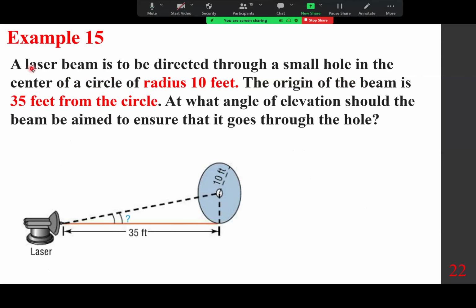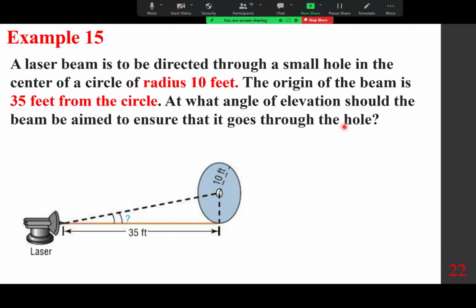A laser beam is to be directed through a small hole in the center of a circle of radius 10 feet. So here's the circle of 10 feet, and in the center there is a small hole. The origin of the beam is 35 feet from the circle. So we have this distance of 35 feet. At what angle of elevation should the beam be aimed to ensure that it goes through the hole?